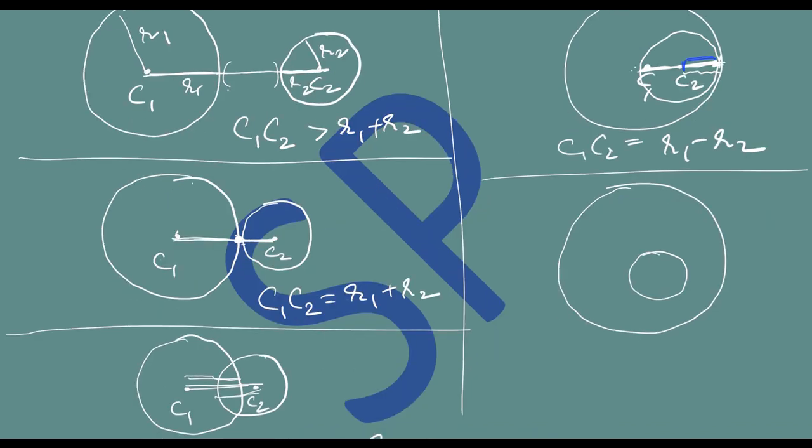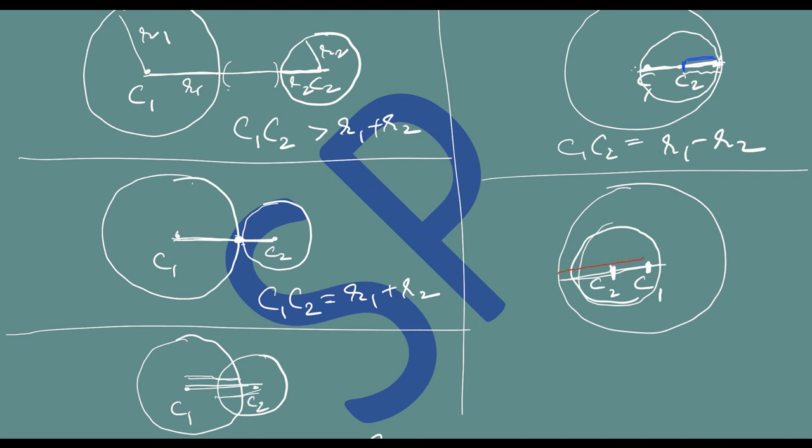Now coming to this case, I will draw this one more time to have a better understanding. Suppose I have the other circle like that. Now suppose that is the center of this big circle and that is the center of the small circle. Now this time I want you to observe that this much is C1C2.